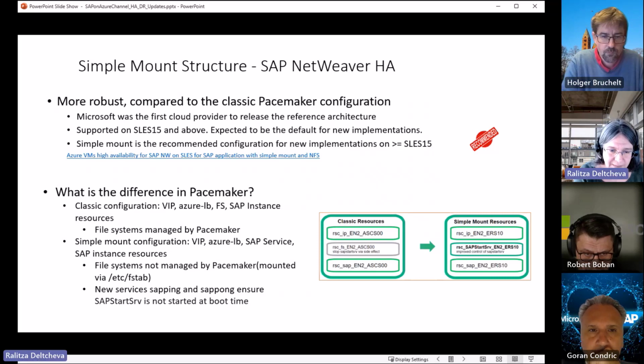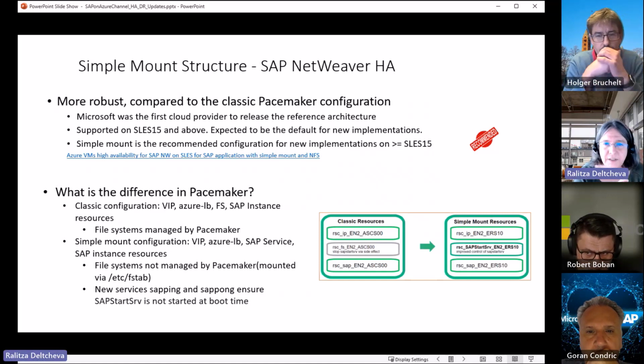And that introduces some jitter, so to speak. What I mean by that is, for instance, if you have a temporary glitch with the file system, and that leads to exceeding the configured timeout in the cluster, that could lead to failovers or restart of the SAP instance, depending on the SAP architecture, whether it's NSA1 or NSA2.